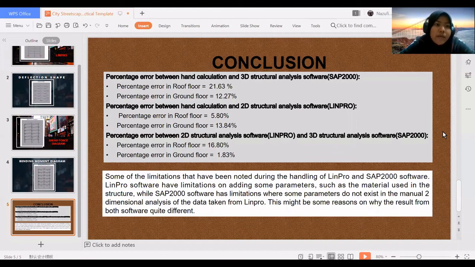LinkPro has limitations on adding some parameters, such as the material used in the structure, while SAP 2000 has limitations where some parameters do not exist in the manual two-dimension analysis of the data taken from LinkPro. This might be the reason why the results of both software are slightly different.